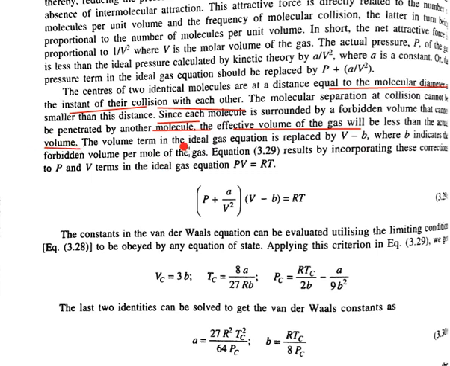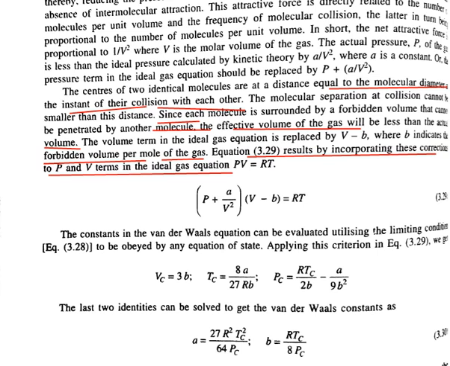The volume term in the ideal gas equation is replaced by V minus B, where B is the forbidden volume per mole of gas.